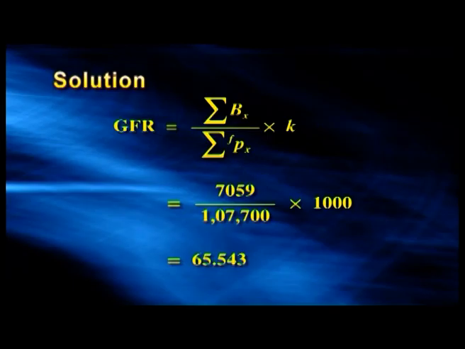Let us calculate the general fertility rate. The general fertility rate is equal to summation of number of births divided by the summation of the female population into 1000, which is equal to 7,059 divided by 1,07,700, which is equal to 65.543 per thousand.